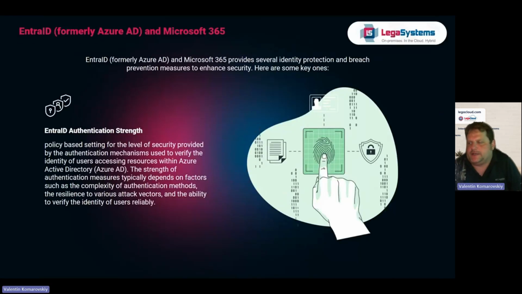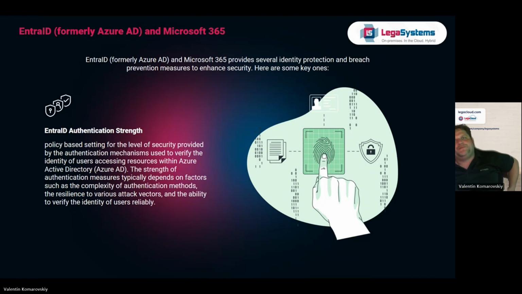So I just spoke about and showed authentication strength. Those are settings for a level of security provided by authentication mechanisms used to verify the identity of users accessing resources. So it could be a combination of authentication methods that are required for a specific level of access.